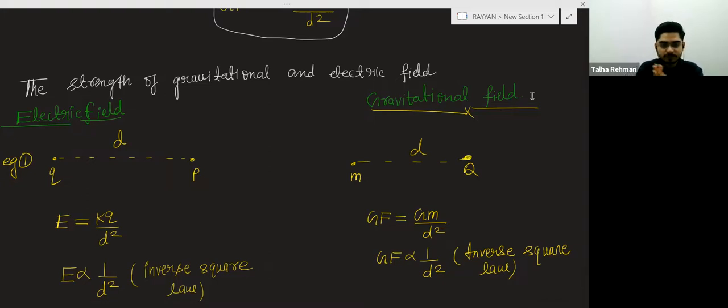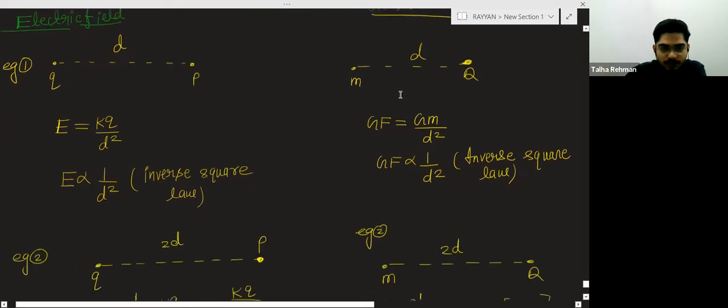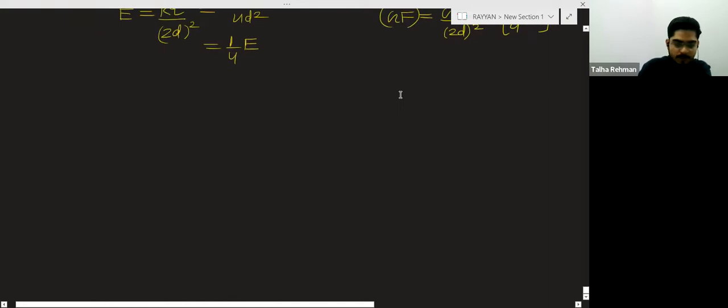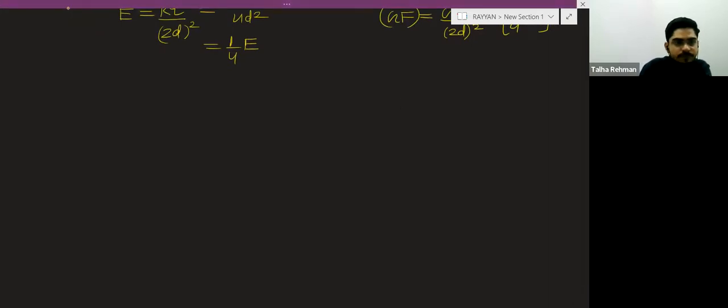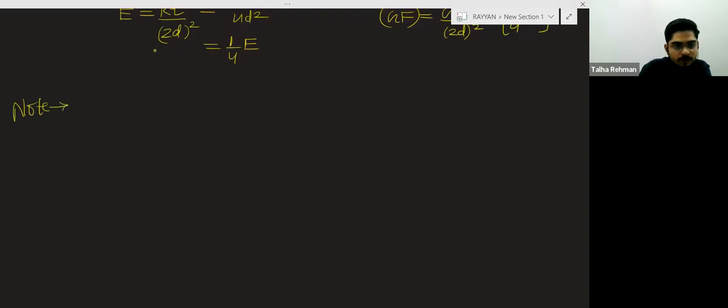But before that, there is a note point in physics. Inverse square law.